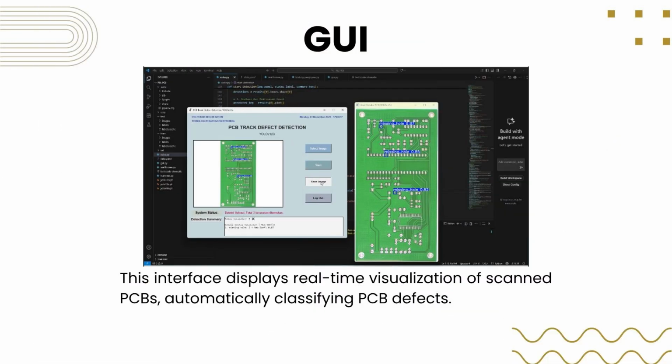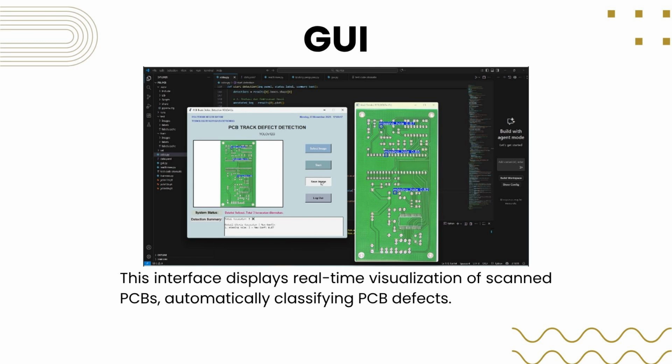This slide shows the initial concept of the Graphical User Interface, or GUI, that we plan to develop. The main function of this GUI is to provide a visual platform where users can easily monitor the detection process carried out by the system. Through this interface, users will be able to see the PCB inspection results directly once the system is connected to the camera and the trained model.